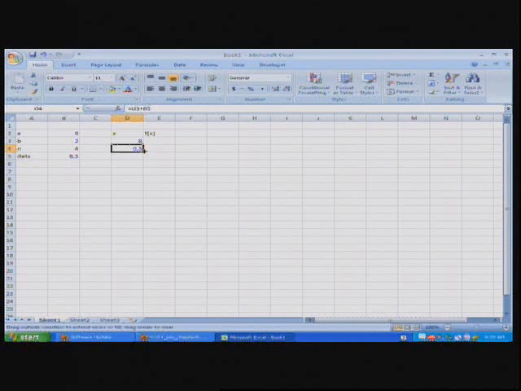Then if you click and drag, it'll fill that same formula in, but it's not doing exactly what I want, because notice this one was D3 plus B5. This one, though, what I want is D4 plus, I always want it to add just delta x, so B5. But notice it did D4 plus B6. Well, there's nothing in B6.